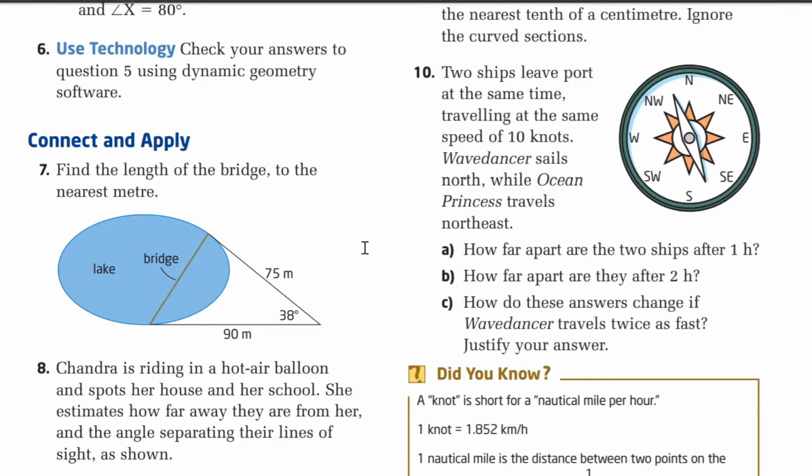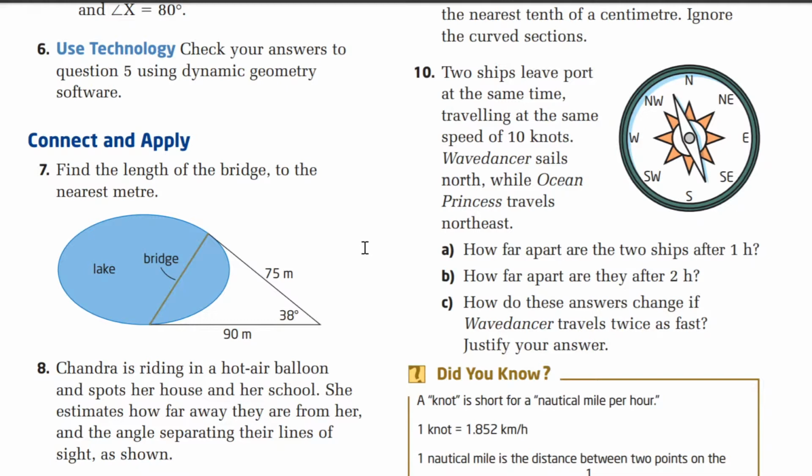That would be the Wave Dancer, so it's going straight north here for W, and then the Ocean Princess is traveling northeast, so that's going to be in that northeast direction. So in between there's east, so northeast direction here. And this is our Ocean Princess.